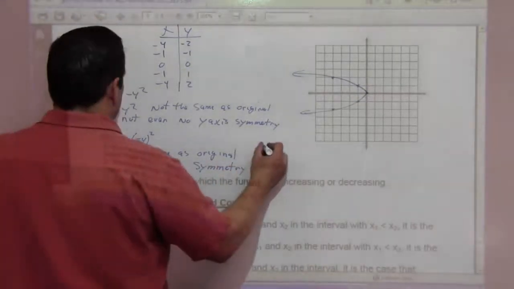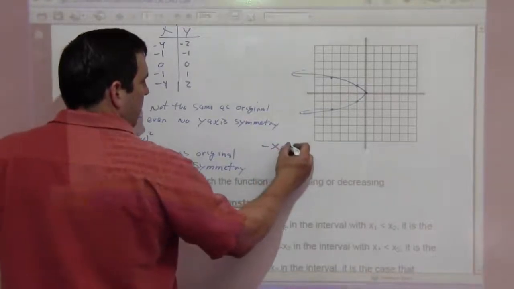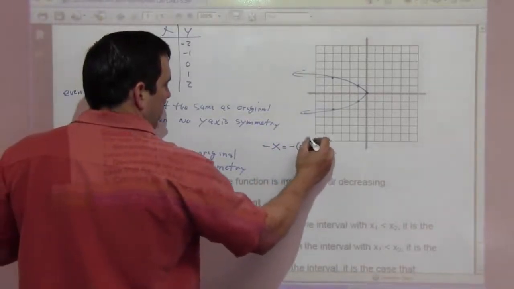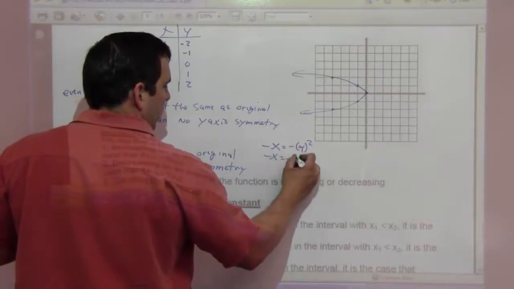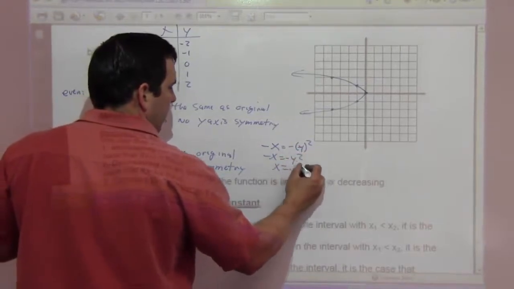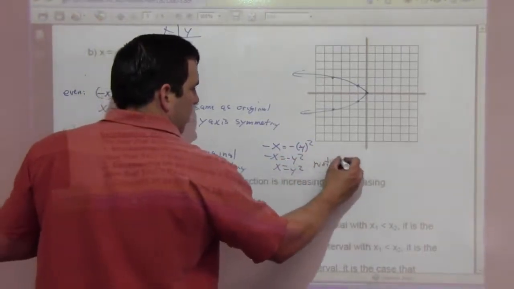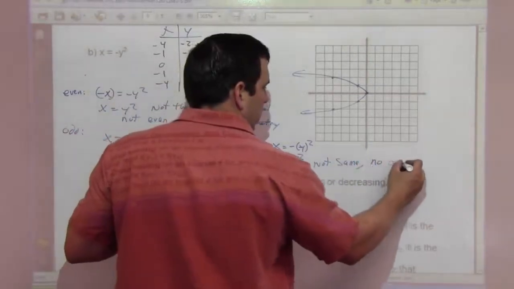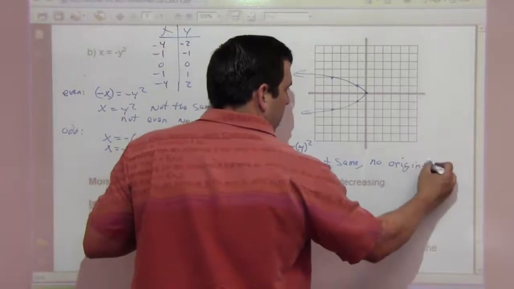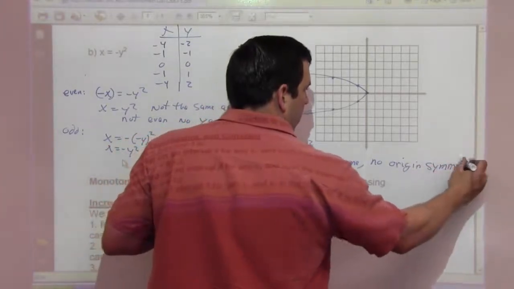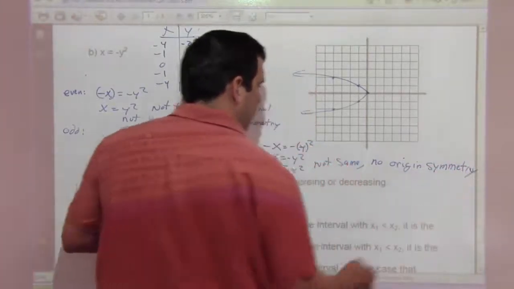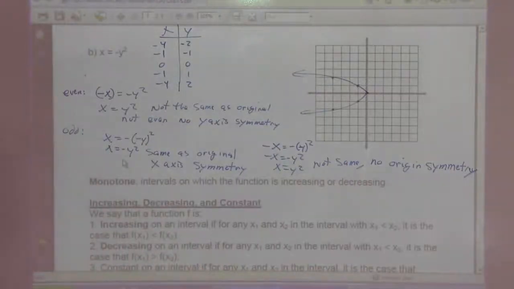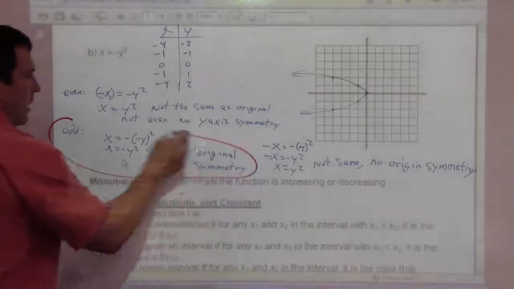And if we do negative x equals the negative of negative y squared, that's negative x equals negative y squared, x equals y squared, not the same. So there's no origin symmetry. Okay. So it is odd with x-axis symmetry.